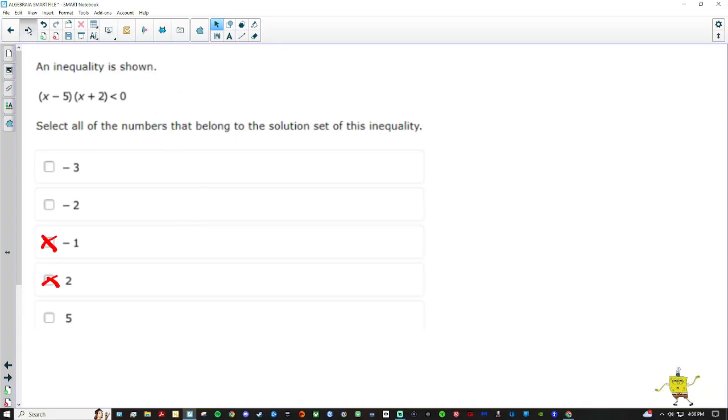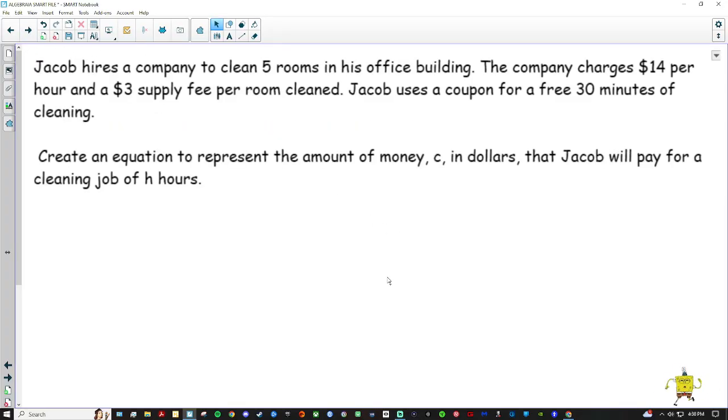Okay, next. Jacob hires a company to clean 5 rooms in his building office. Okay, that is important. Numbers should be highlighted. 5 rooms. The company charges $14 per hour and $3 per room cleaned. Jacob also uses a coupon for a free 30 minutes of cleaning.